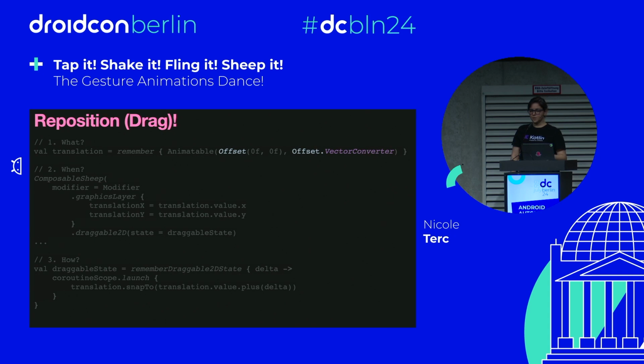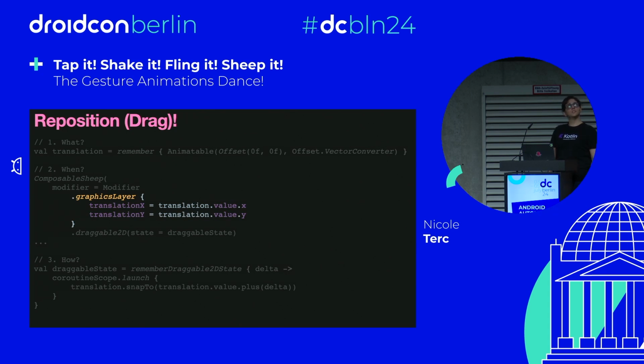But don't worry. Whenever you find yourself in a position where you're creating an animatable and Android Studio is complaining, the only thing you need to do is move to the generic one and pass a vector converter. The vector converter is also out of the box. So whenever you find yourself in this position, just check if there's not already a vector converter available for you.